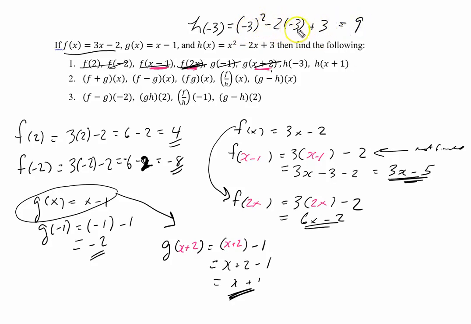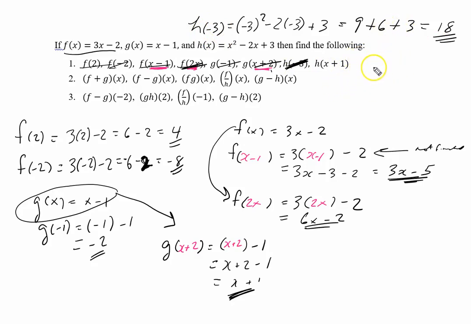Then you have minus 2 times negative 3, which is plus 6. And then you have plus 3. Okay, and so I'm going to get 18 when I add all of that together. So I get a number. Notice when you have a number inside the parentheses, you get a number. When you have an expression with x, then you'll get an answer with the expression of x.